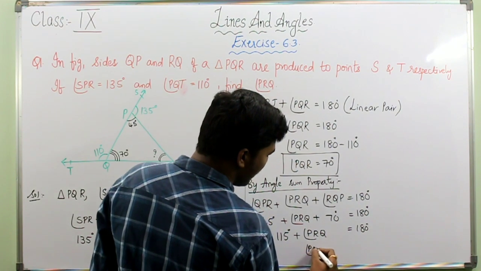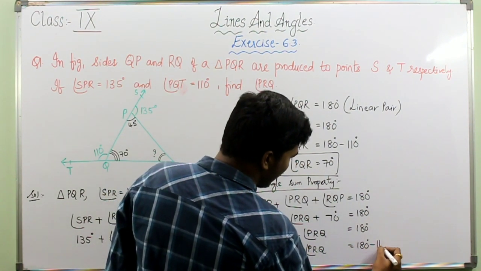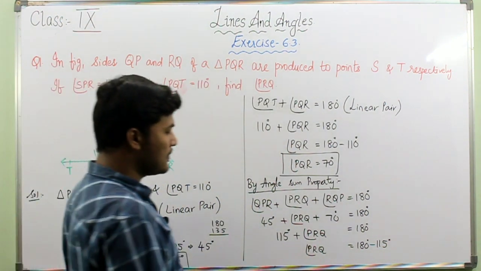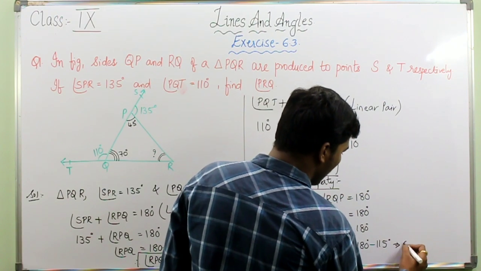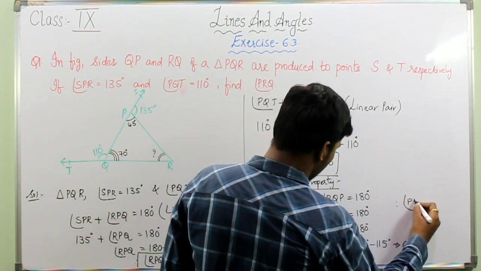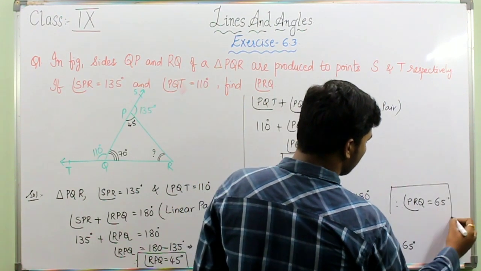From that, PRQ is equal to 180 degrees minus 115 degrees, which will give you 65 degrees. Okay, therefore the required angle, that is PRQ, is equal to 65 degrees.